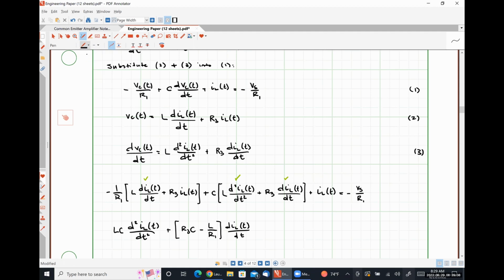And then for my 0th derivative, I'm going to have a factor of 1 from the rightmost term, just IL of t.